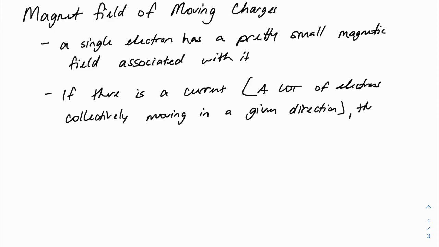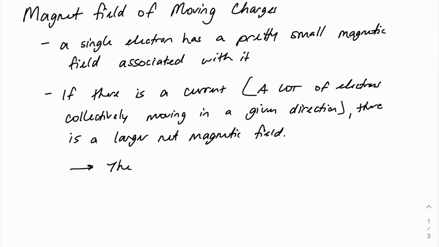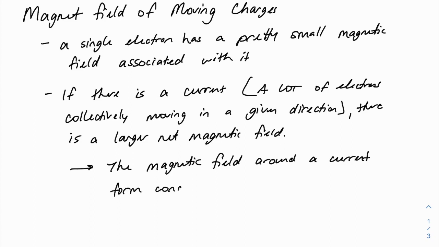So there is a larger net magnetic field. And the magnetic field lines around a current actually form concentric circles around the wire.